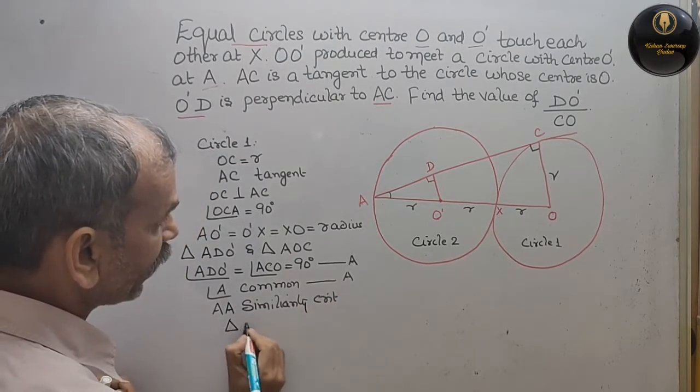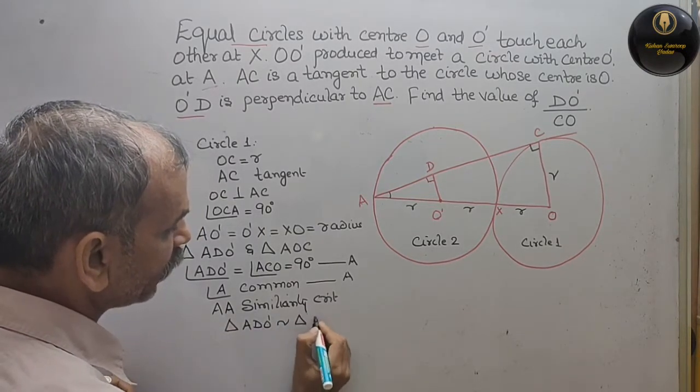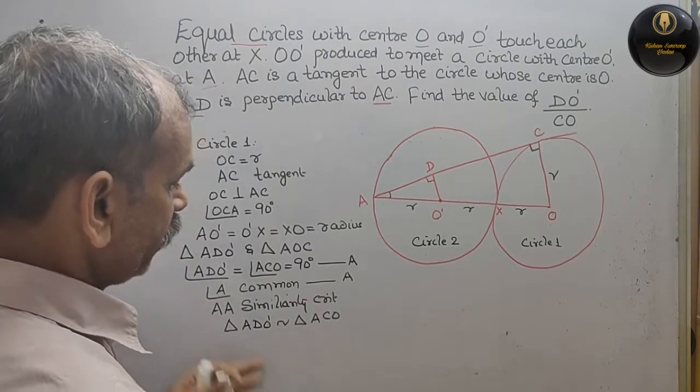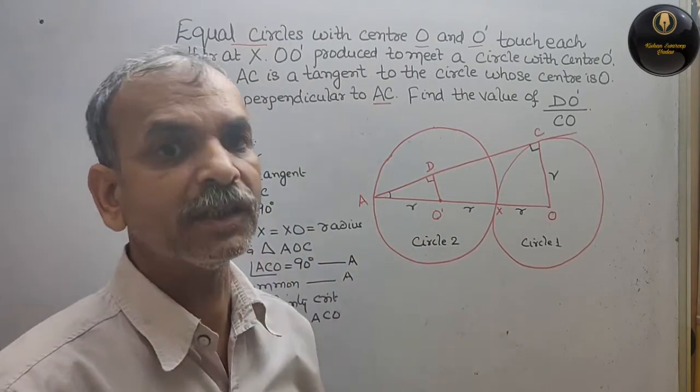That means triangle ADO dash is similar to triangle ACO. Now, if they are similar, now the sides will go into proportion.